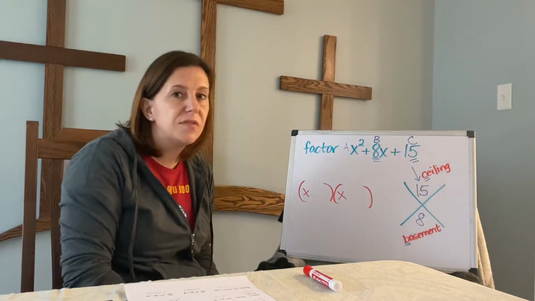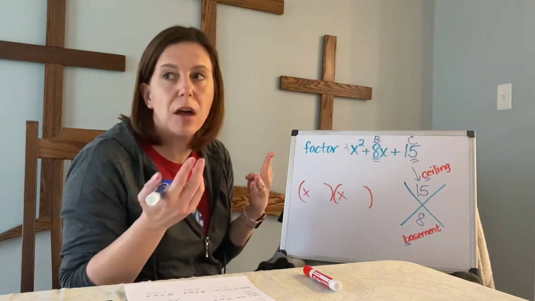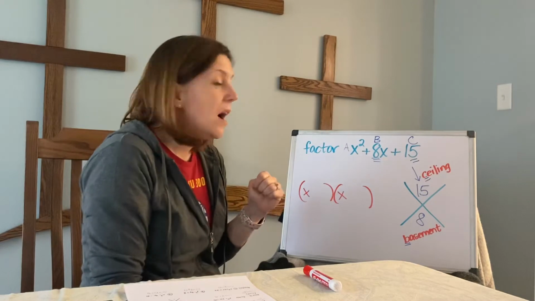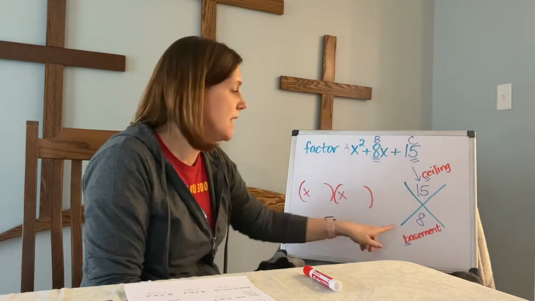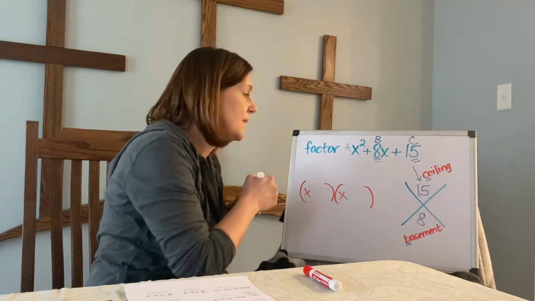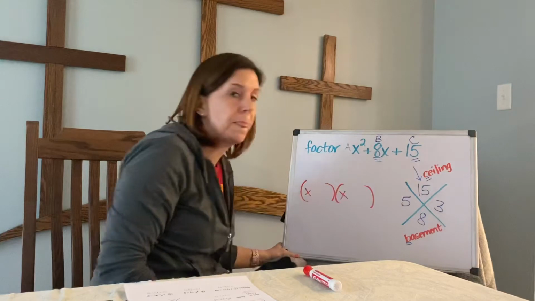Well, my factors of 15 are 1 and 15, and 3 and 5. Again, a pretty easy one to start with. Of those 2 possible combinations, only one combination gets me 8 when I add them. And so I get 5 and 3.